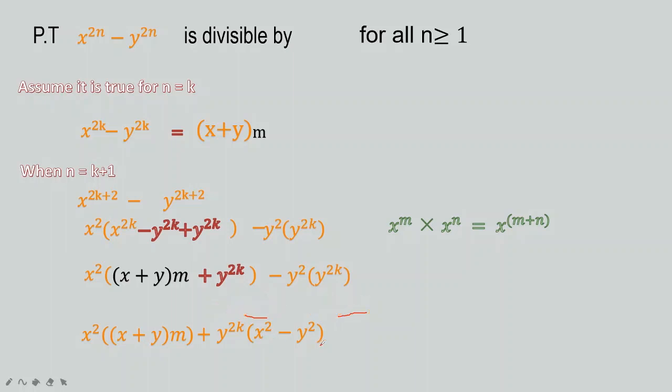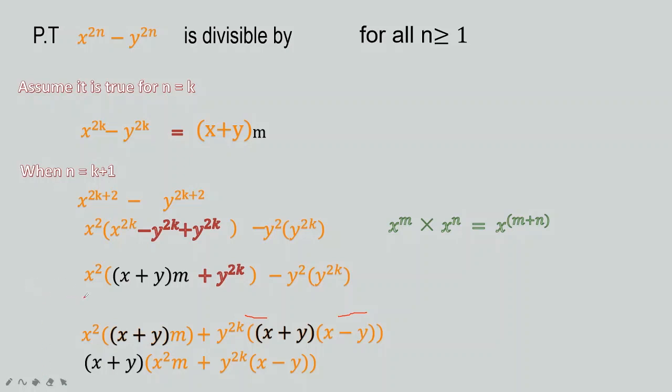It is x plus y into x minus y. Right. So if you look carefully in both the terms, you will see that x plus y is common. So if I take that x plus y outside, I can write everything in bracket: x square m plus y to the power 2k into x minus y.